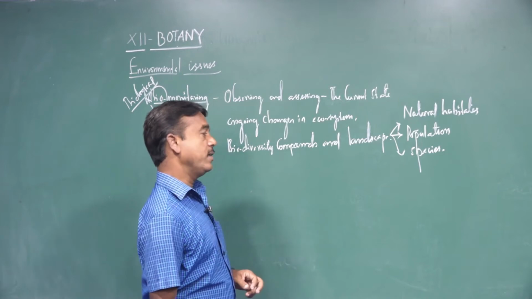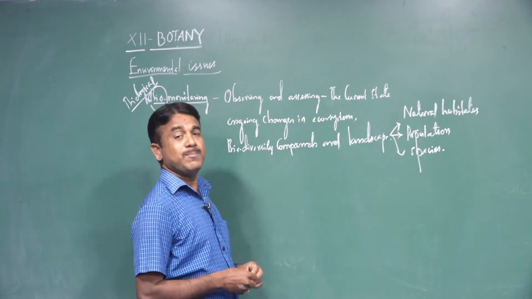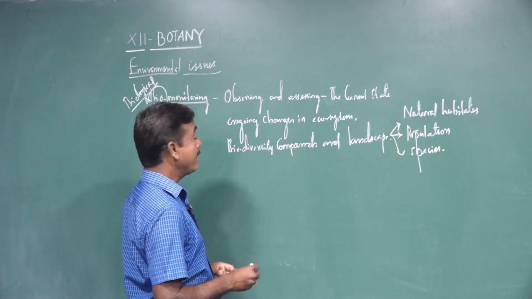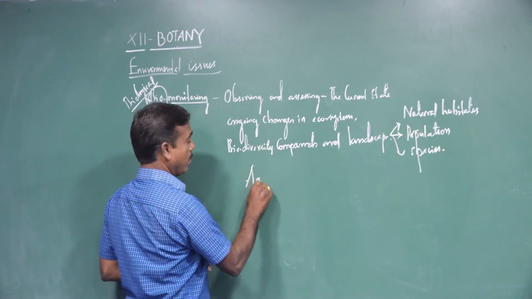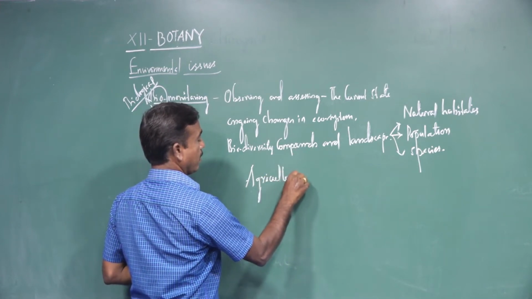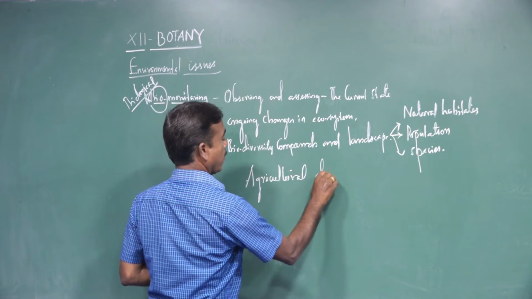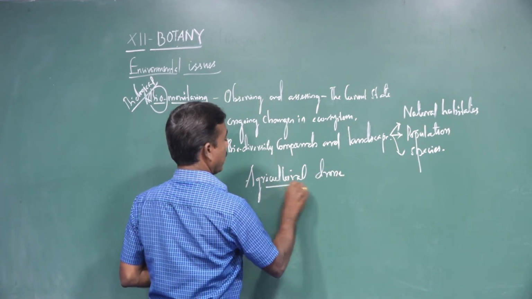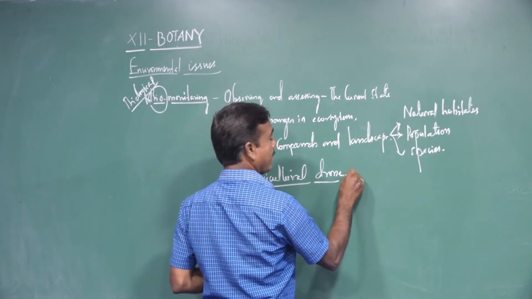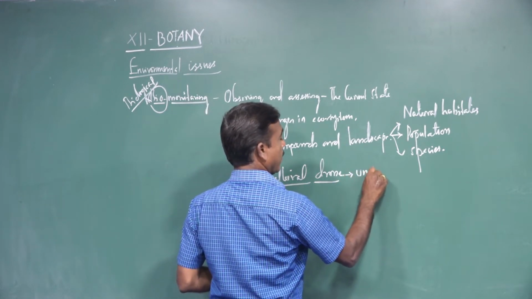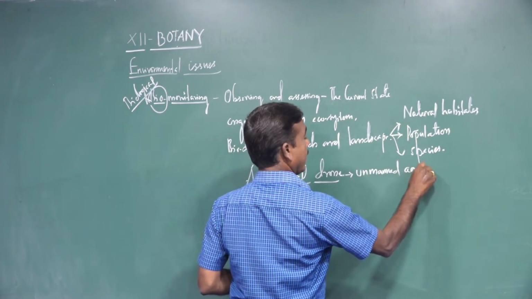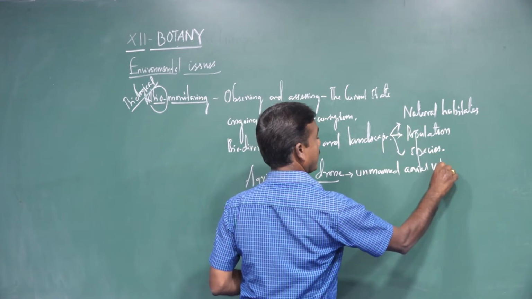In biomonitoring, an object generally used is commonly called an agricultural drone. An agricultural drone is commonly called an unmanned aerial vehicle.